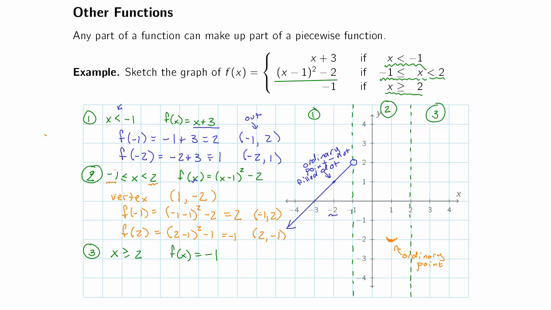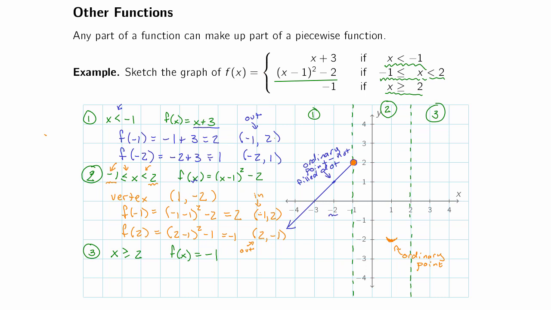Okay, and then x is allowed to equal negative 1, so this point is in. X is not allowed to equal 2, so this point is out. I'll put a filled-in circle at negative 1, 2. I already had an empty circle there, but if I have both an empty circle and a filled-in circle, that's a point on the graph. I definitely want a filled-in circle there.